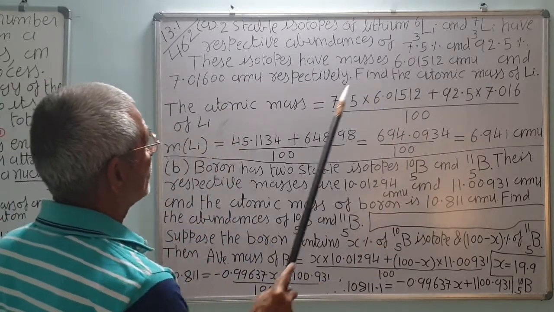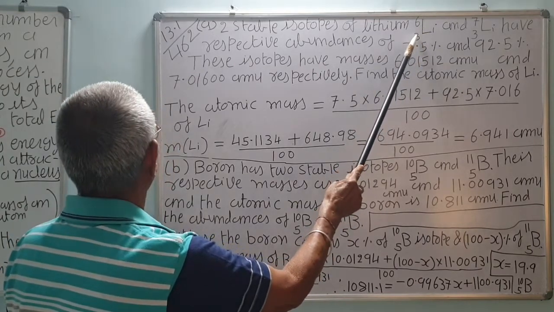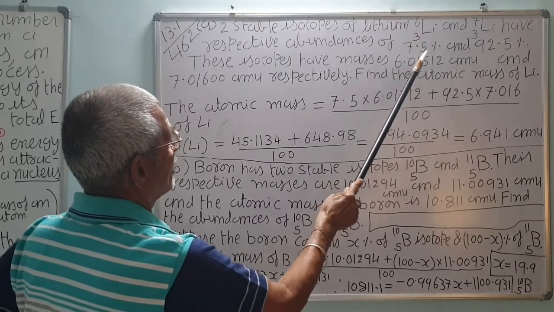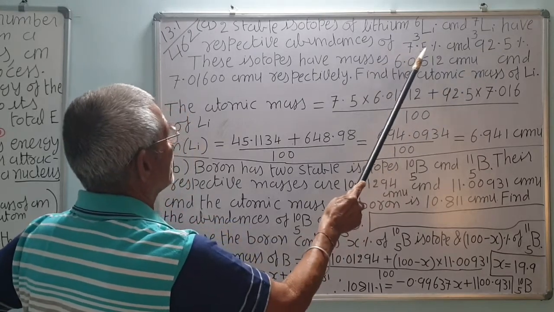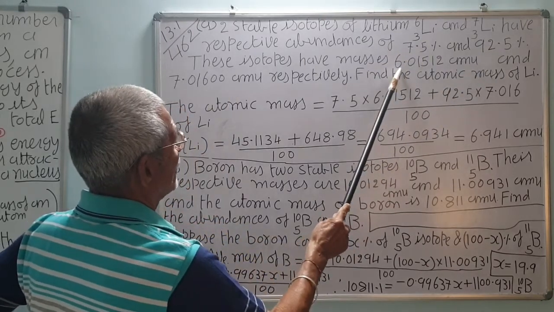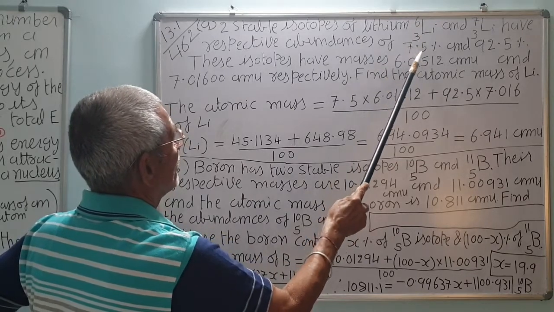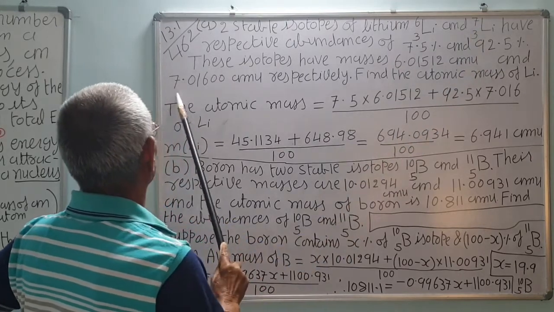Now this lithium, this component lithium 6, is 7.5% and the second one is 92.5%. 7.5% is of this one, that is 6.015, and 92.5% of this, that is 7.016.